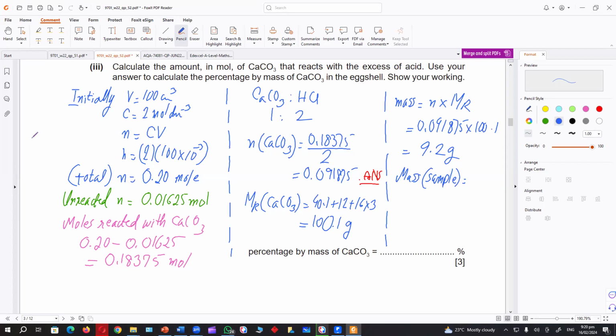Somewhere we made a mistake, because our answer is coming more than 2, which is not possible. We have to check all the values.